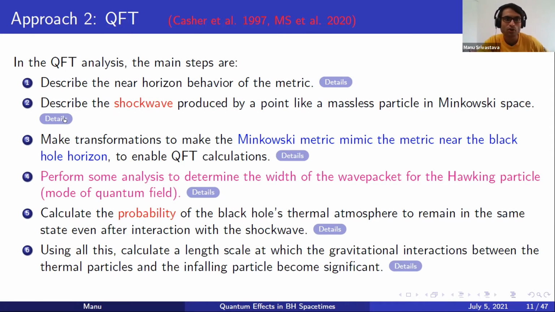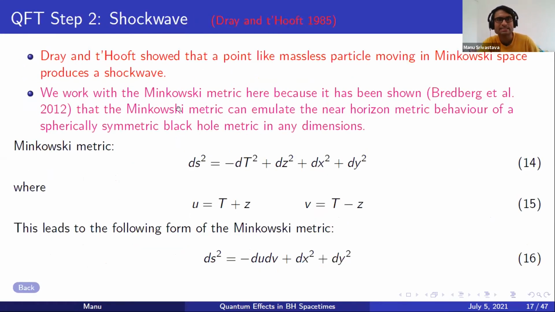To describe what this shock wave is, in this 't Hooft and Dray 1985 paper, what they showed is that there is something called a shock wave, which is produced when there is a massless particle moving in Minkowski space. If equation 14 is the Minkowski space-time, you make certain coordinate transformations in u and v, and equivalently, the Minkowski space can be expressed as equation 16.